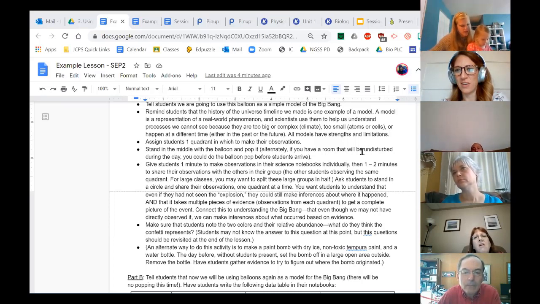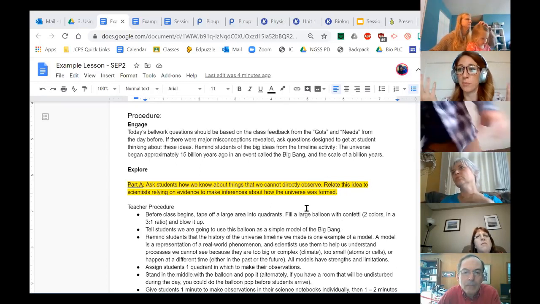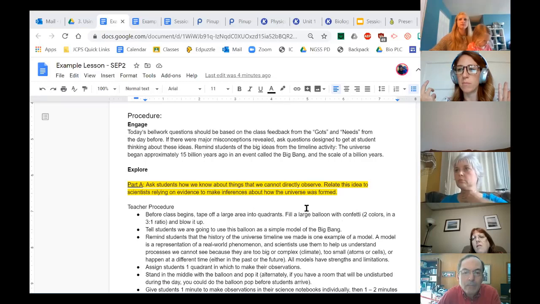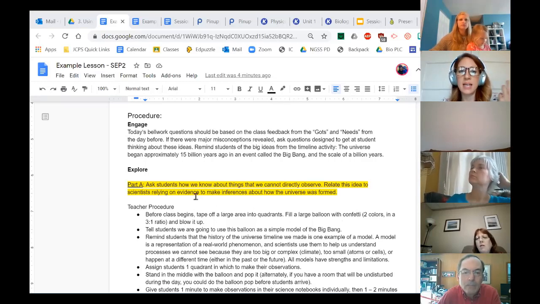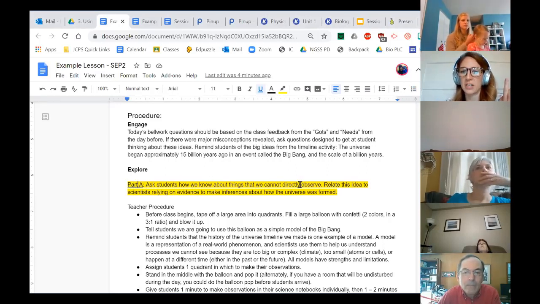Awesome. Okay, so if that's the case, then the setup in this is they need to think about why that's important, how it is going to help them understand something. The setup as it is in this lesson right now is asking students how we know about things that we cannot directly observe and relating this idea to scientists relying on evidence to make inferences about how the universe was formed.